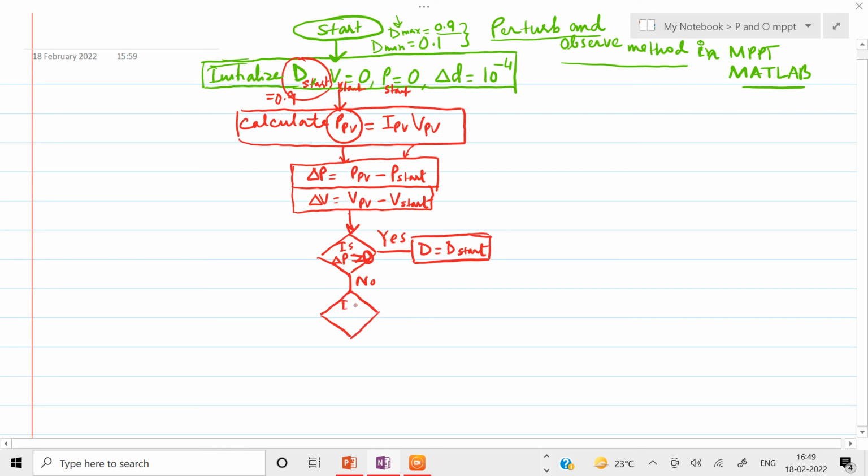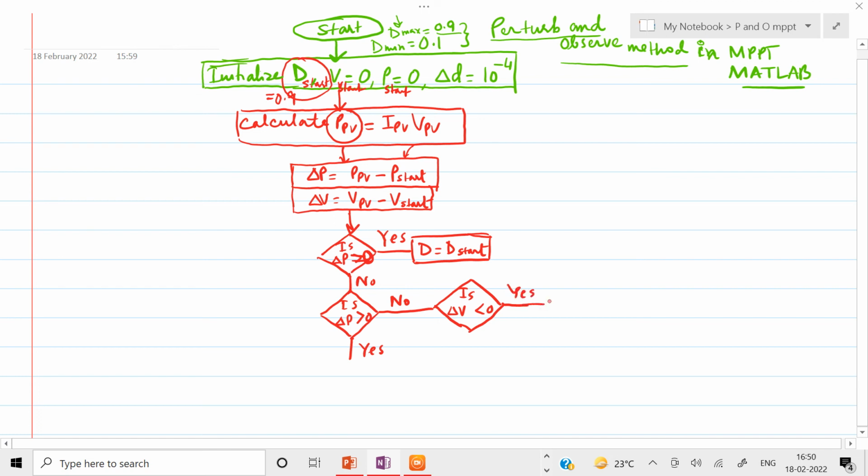The first one is delta P greater than 0? Then we have two answers for it, no and yes. So when it is no, then I told you that we will check the status of delta V. Is delta V less than 0? Again we have two answers to it.